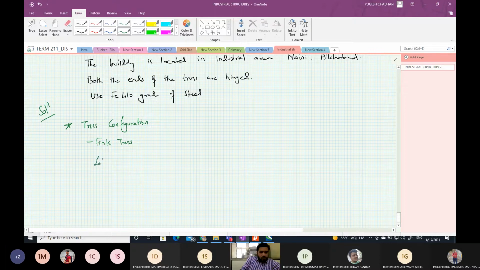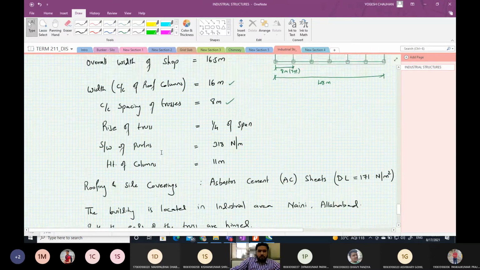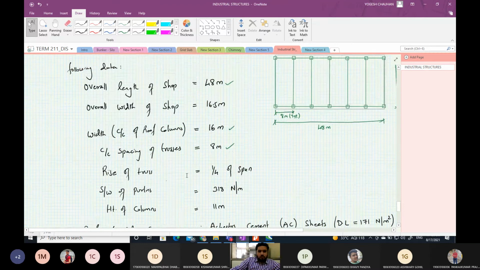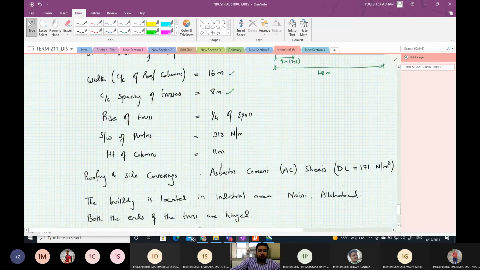Okay, so let alpha be the inclination of the roof with horizontal. So here the rise is given to you, which is 1/4 of the span. So pitch is actually 1/4.